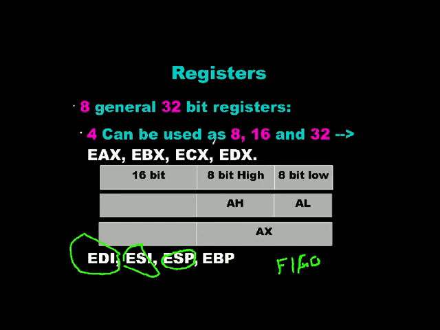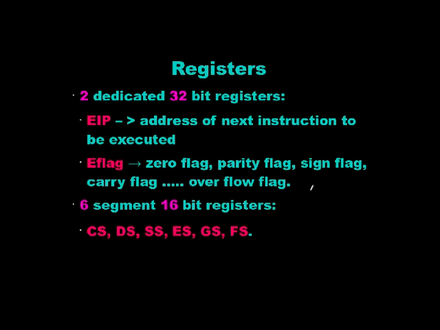So those are 8 32-bit general purpose registers. We have two more 32-bit registers, and we have 6 more segment registers, which are 16-bit. So we have a total of 10 32-bit registers and 6 segment registers.